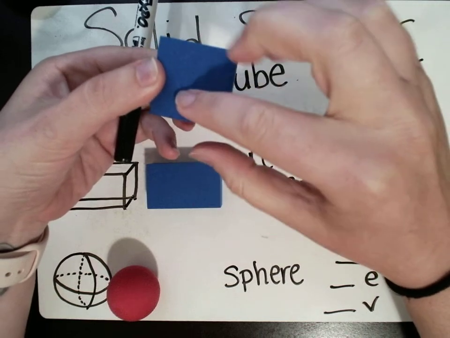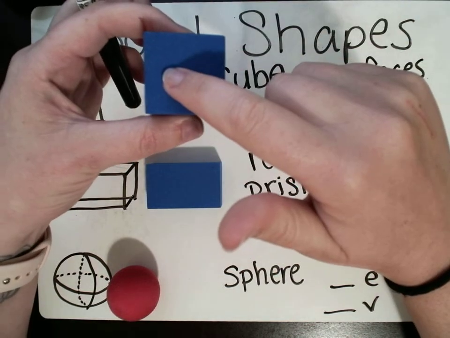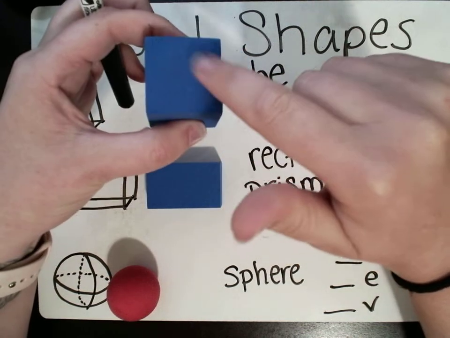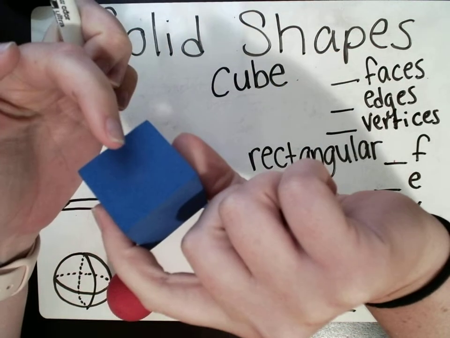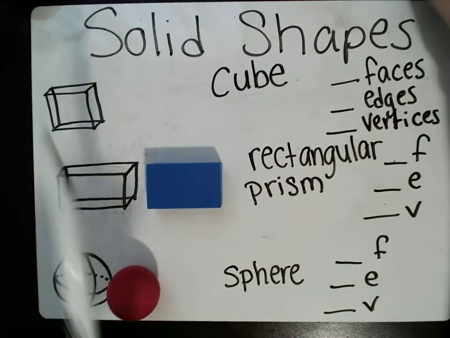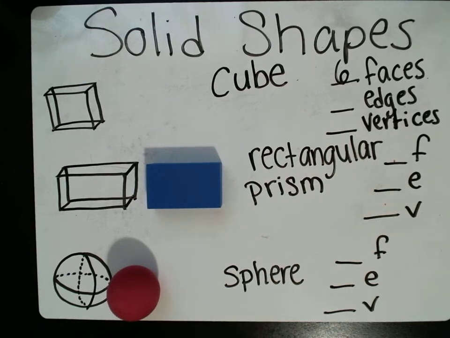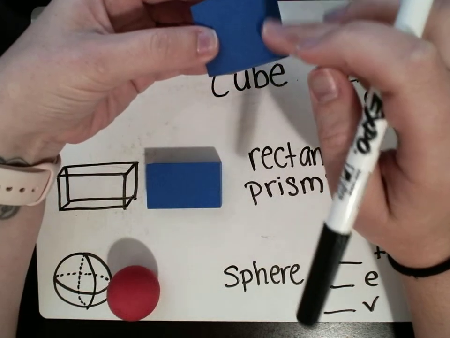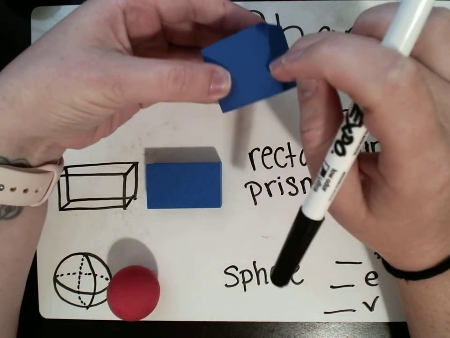So if we're counting the number of faces for a cube, there's 1, 2, 3, 4, then 5, and 6. If you think about a dice, the highest number you can get on a dice is 6 because it only has 6 faces. The edges are these right here. Kind of like the sides on the other shapes, but they're called edges.